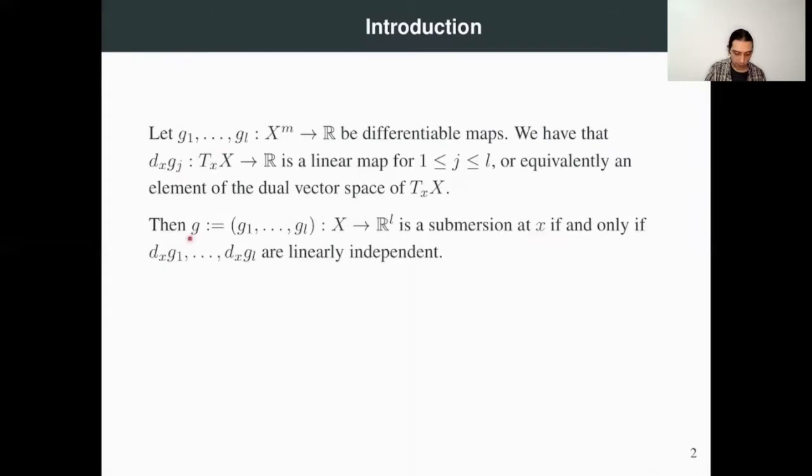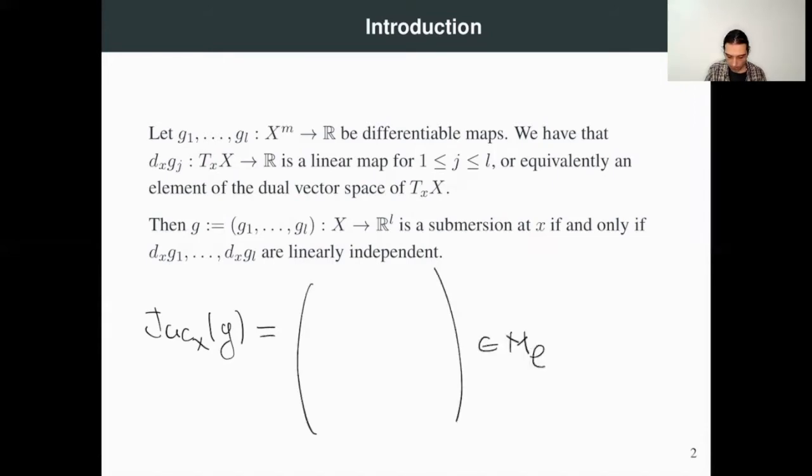If we consider this map in local coordinates, the Jacobian matrix of G at the point X is going to be of the following form. It's going to be a matrix whose dimension is L times M, okay?